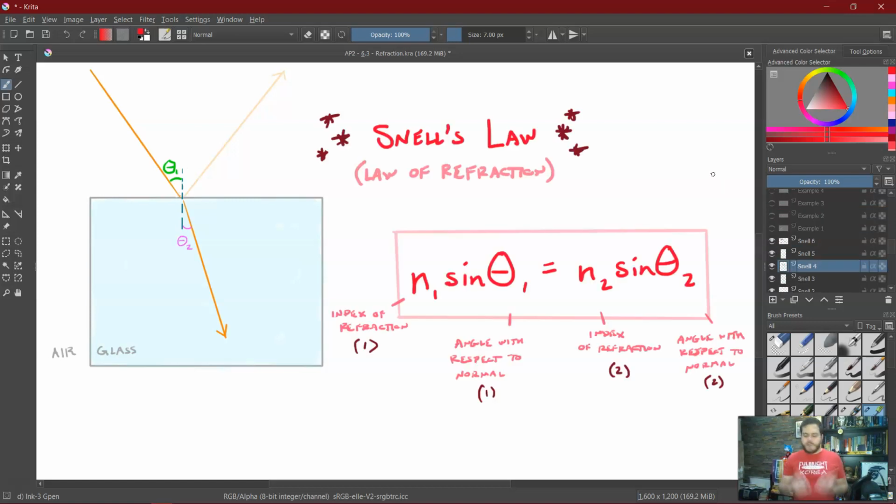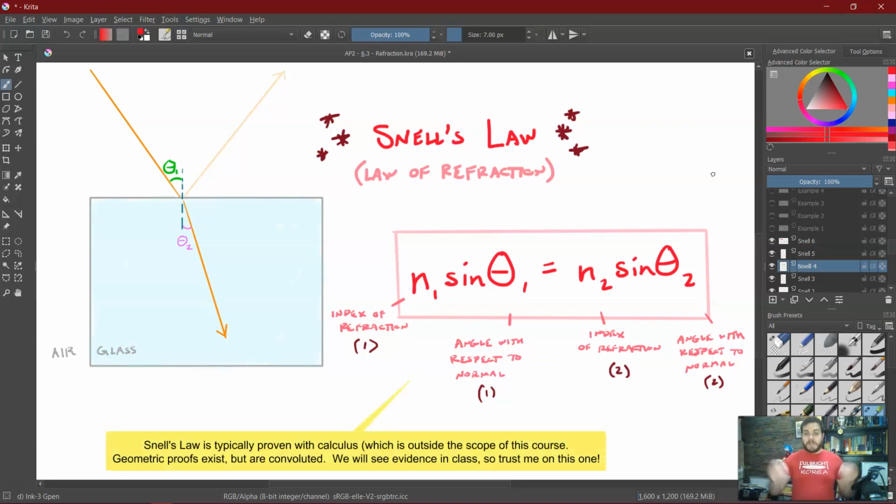Snell's law, you can just think of it as the law of refraction, just like we had the law of reflection. Snell's law is n1 sine theta 1 is equal to n2 sine theta 2, where n1 and n2 are the indices of refraction for the two respective media we have here.